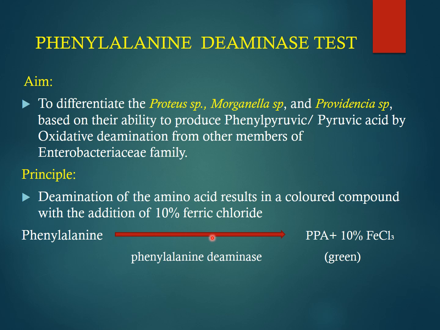In this reaction, the enzyme phenylalanine deaminase reacts with phenylalanine and forms phenylpyruvic acid. The presence of phenylpyruvic acid is detected by adding 10% ferric chloride and it forms green color.